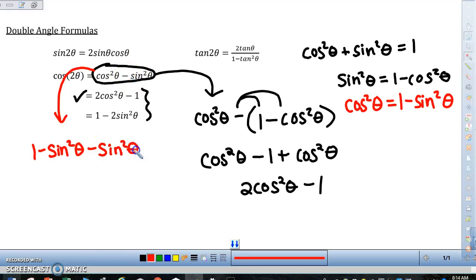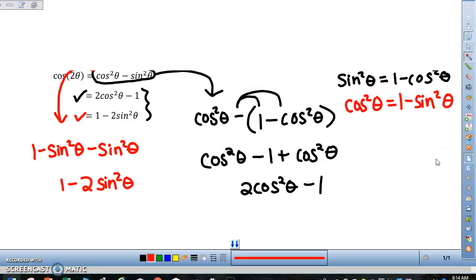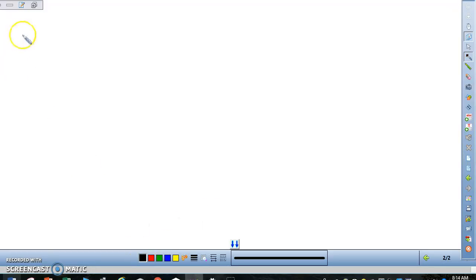So we're just doing a substitution there. Altogether, that's going to be 1 minus 2 sine squared, and that's how we get the other variation. And then the double angle formula for tan is 2 tan theta on our numerator over 1 minus tan squared theta on our denominator.